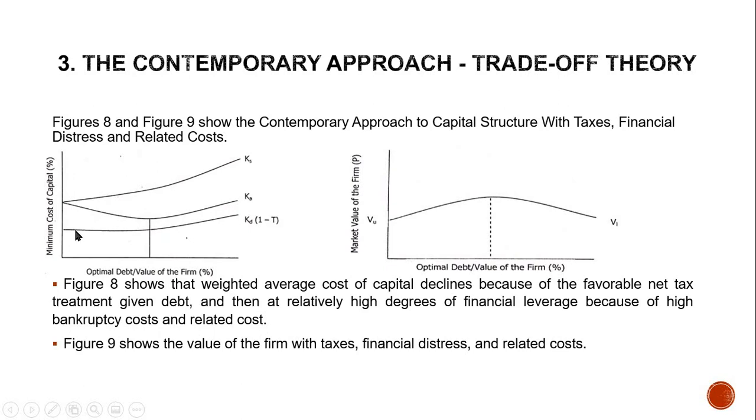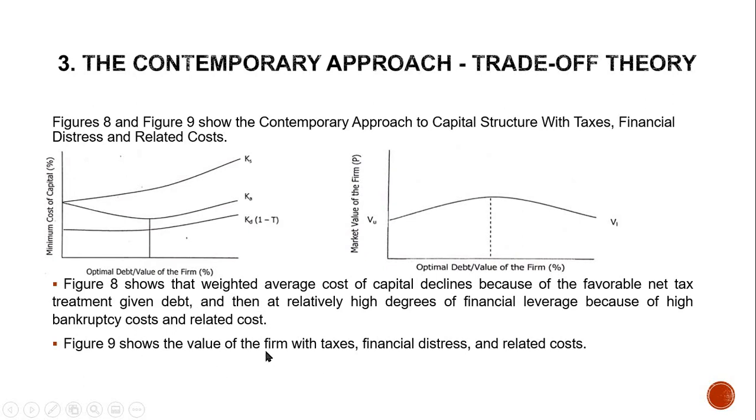So, again, because of the tax shield provided for by financial leverage, liliit yung ating weighted average cost of capital. Pero pag naging excessive na yung financial leverage natin, naging excessive na yung hinihiram natin na fund, the weighted average cost of capital will now start to increase. Again, because when you borrow excessive funds na, then it will pose what? The threat of bankruptcy cost and other related costs.